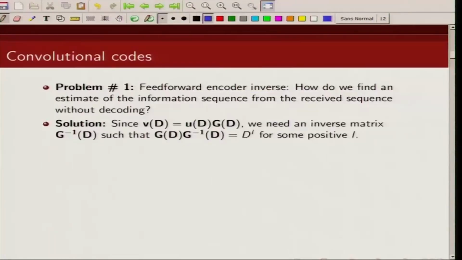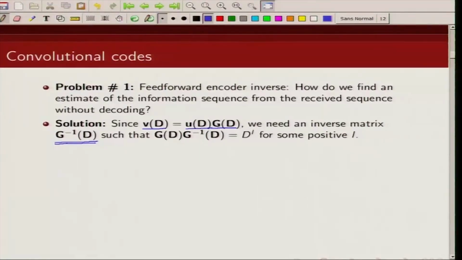As we know, our coded bits can be written as our information bits times the generator matrix, the encoding matrix. The problem we are looking at is finding the encoder inverse, and whether a feed forward inverse for this encoding matrix exists or not and under what condition it exists.